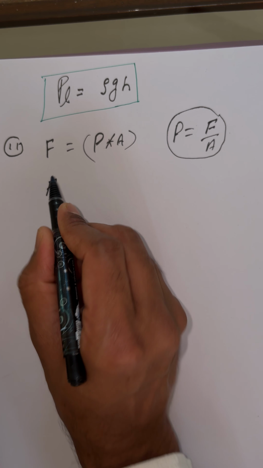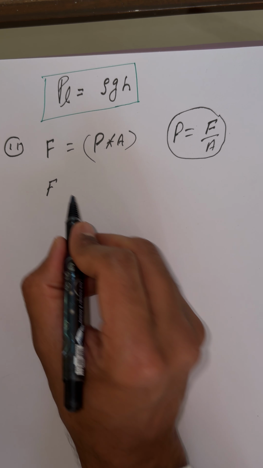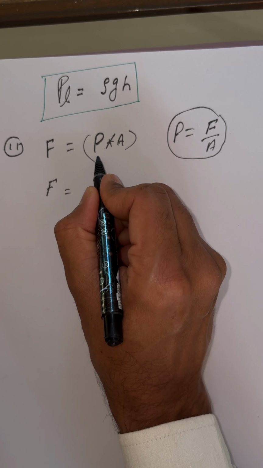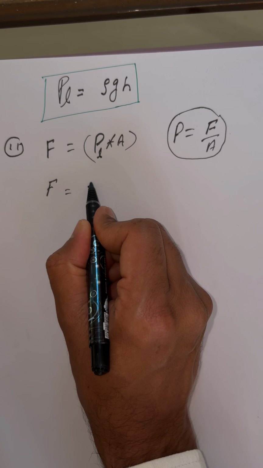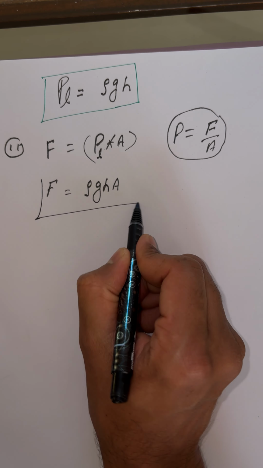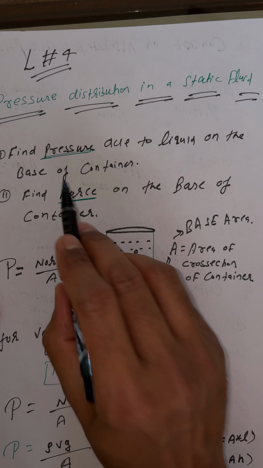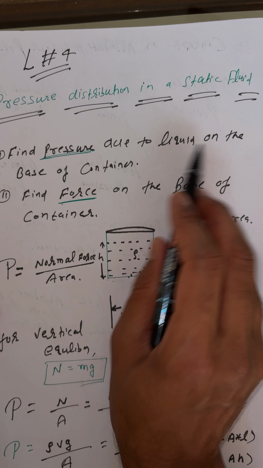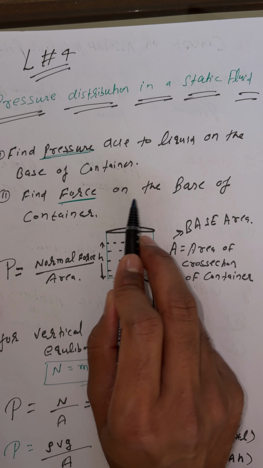So P is the pressure due to liquid. So you can write rho gh into A. So finally we got, as I asked, two questions. Find pressure due to liquid on the base of container, finished. Find force on the base of container, finished.